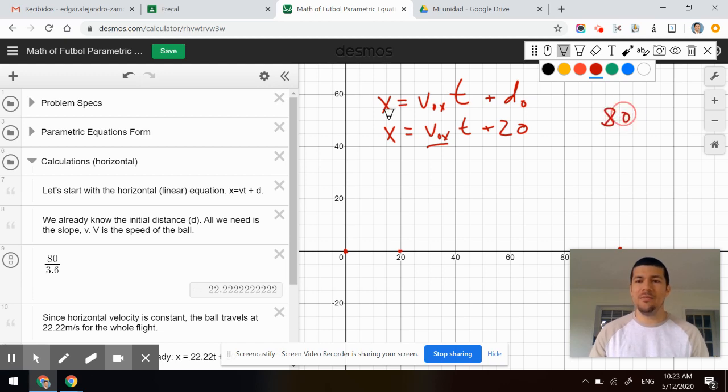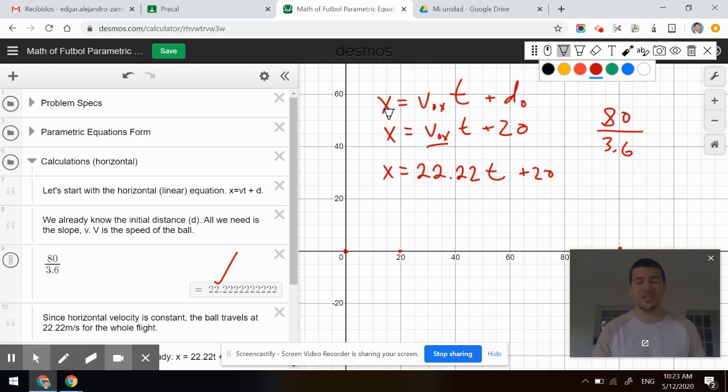So it traveled 80 meters. And then how long did it take? Well, it took 3.6 seconds. So if I take 80 and divide it by 3.6, I get 22.22. In other words, the horizontal velocity of this ball is 22.22 meters per second. So multiplied by time plus 20.